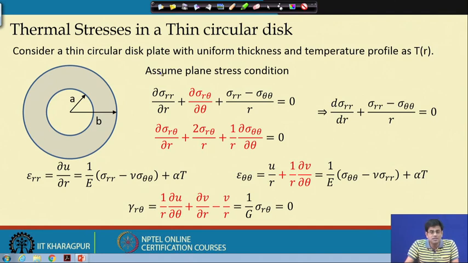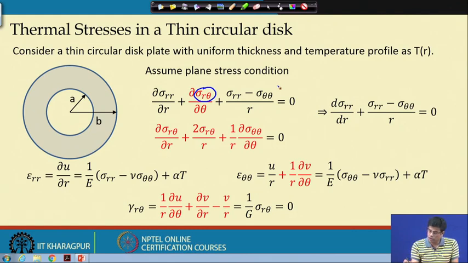Since the disk is thin, we can again assume the plane stress condition, and then only sigma rr will be non-zero. But since the deformation will be symmetric, sigma r theta will be 0 essentially, and sigma theta will also be there, but sigma theta will be a function of r only, because there is no variation of the temperature in the theta direction.